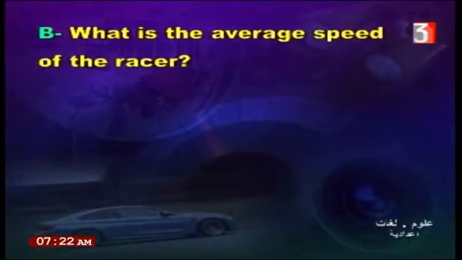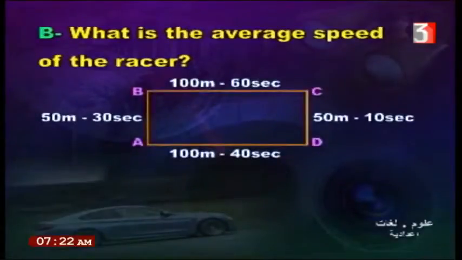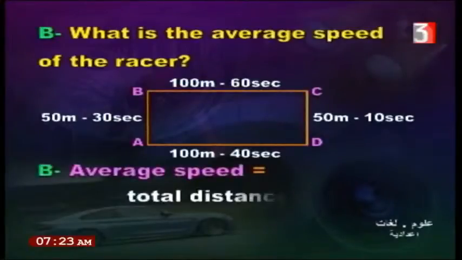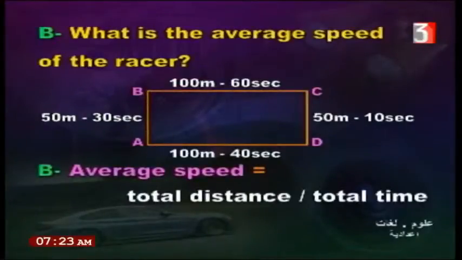What is the average speed of the racer? Of course, we knew that average speed is total distance divided by total time. So average speed is 300 meters over 140 seconds.